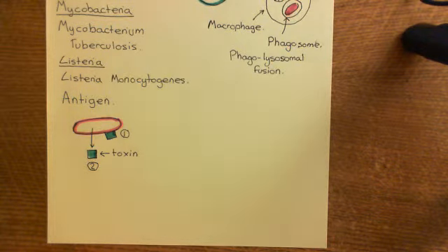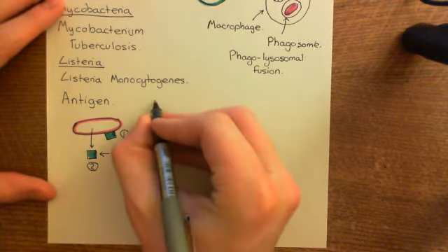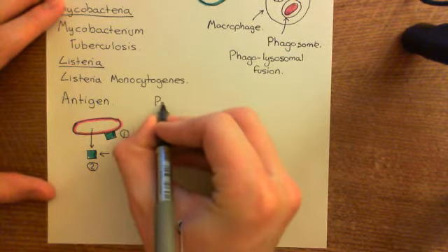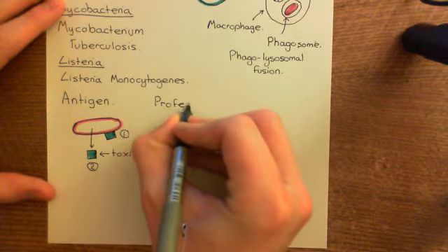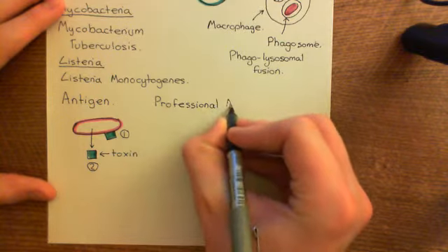So let's begin the humoral immune response. It begins with something known as a professional antigen presenting cell. Okay, so we're going to start with a professional antigen presenting cell.